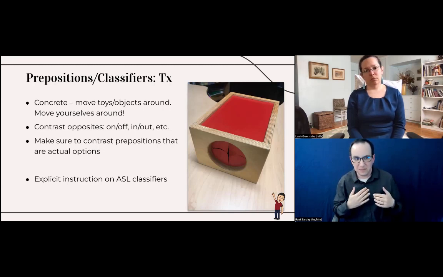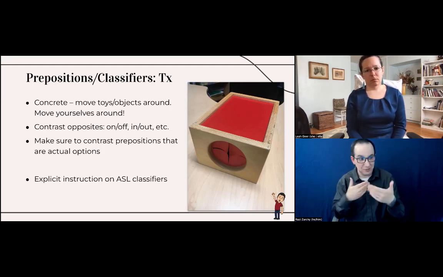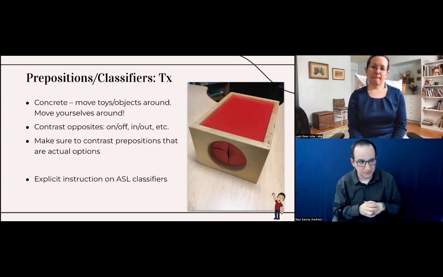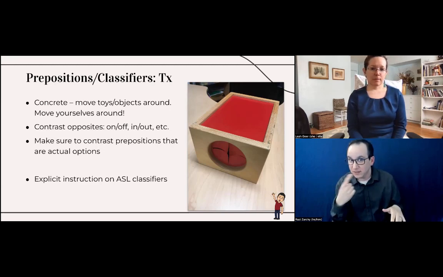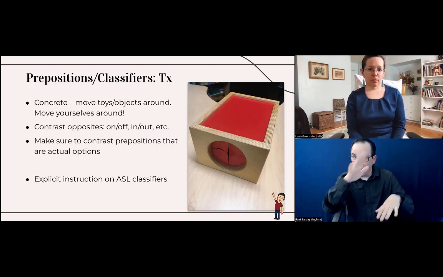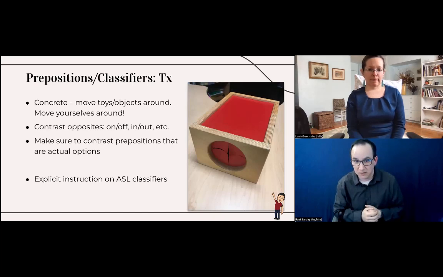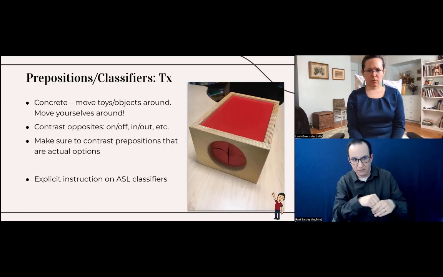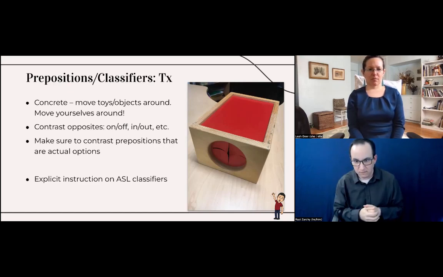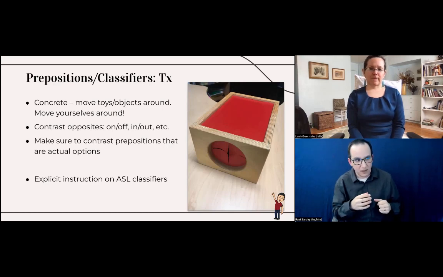For example, this is my magic box. I use this all the time. But most of the children, if I give them something, and I say, put this on the box, they immediately put it inside of the box. It's an option that they invented themselves.